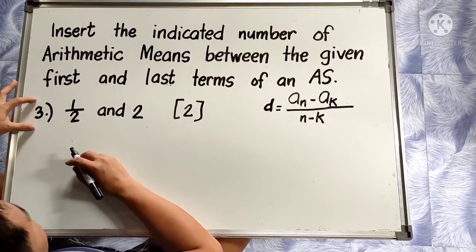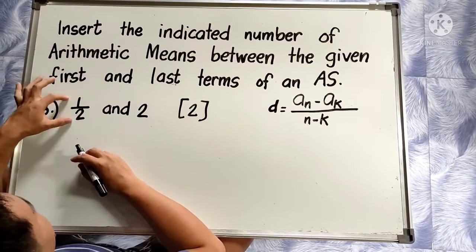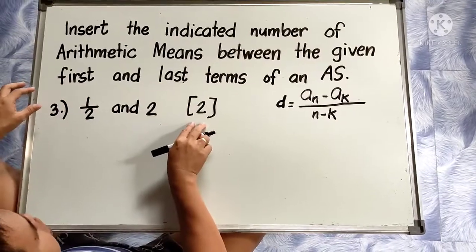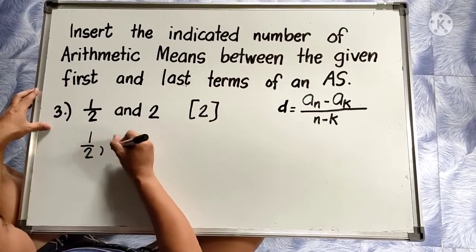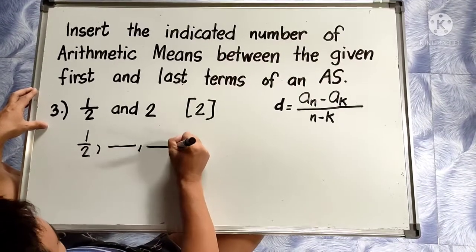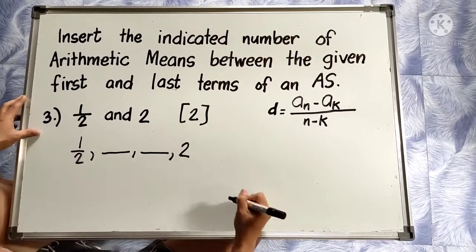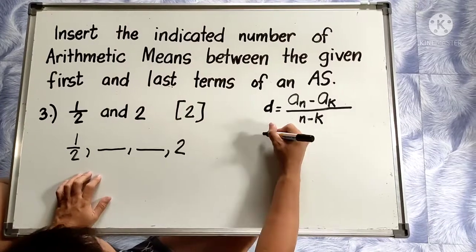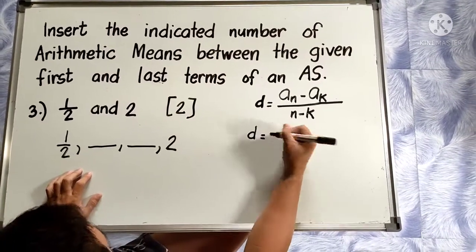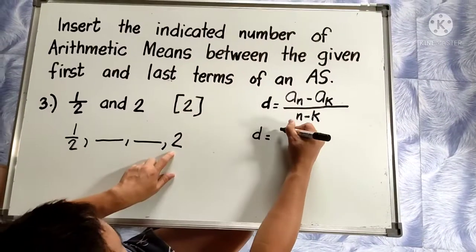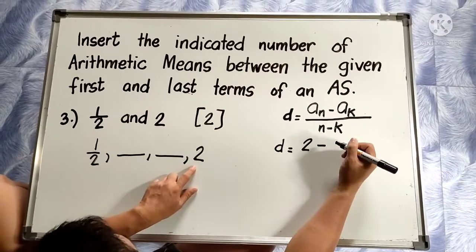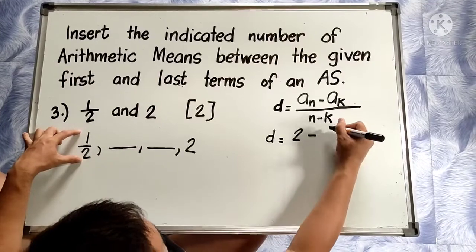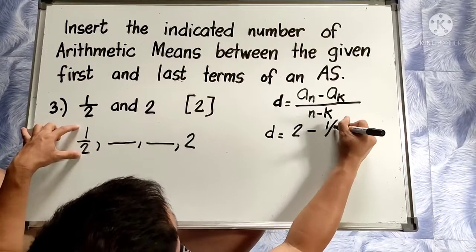Now let's have number 3. The given are 1/2 and 2. Then you're going to insert 2 arithmetic means. So you will have 1/2, make 2 blanks for the 2 arithmetic means, and then 2. Again, solve for the common difference first. D is equal to, what is our last term? That is 2. Minus the first term, which is 1/2.